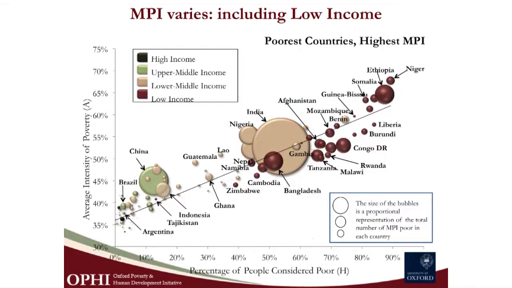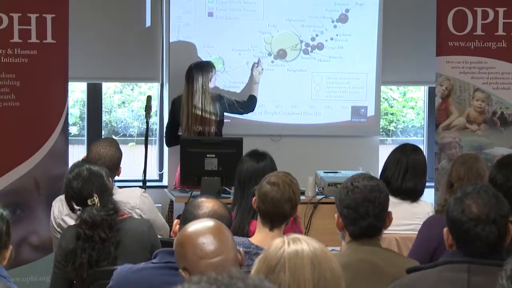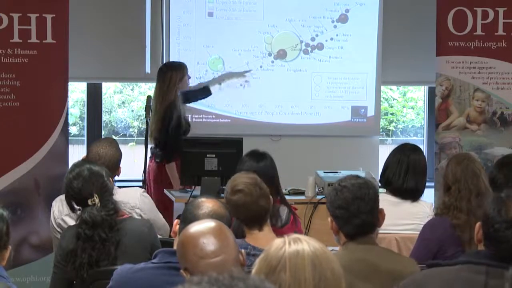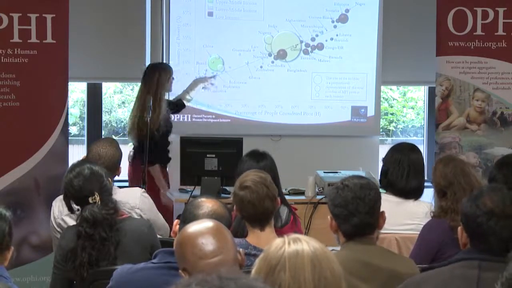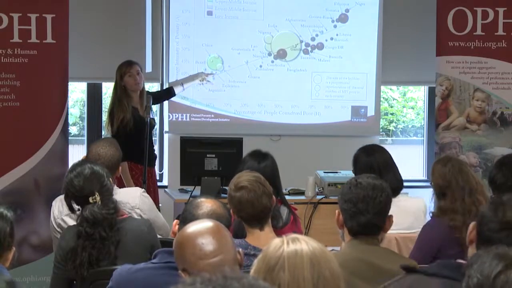But we also find countries, for example, in the case of Namibia, I don't know if you're able to see, but Namibia has a green color. It's an upper middle income country. And it's still showing worse results for the MPI than a country like Zimbabwe or Tajikistan even, which are low-income countries.